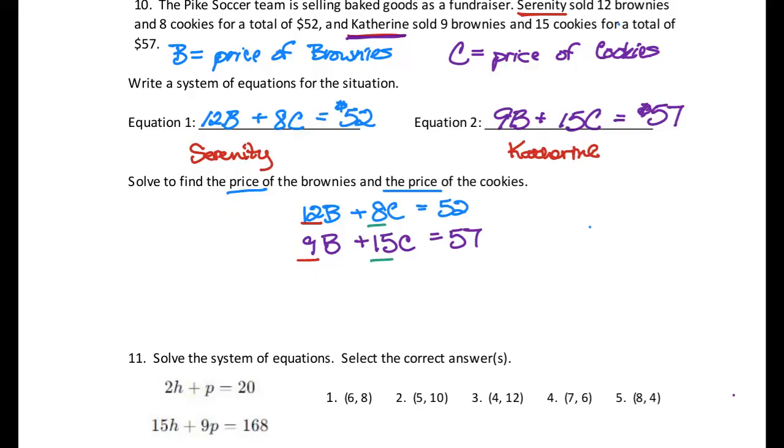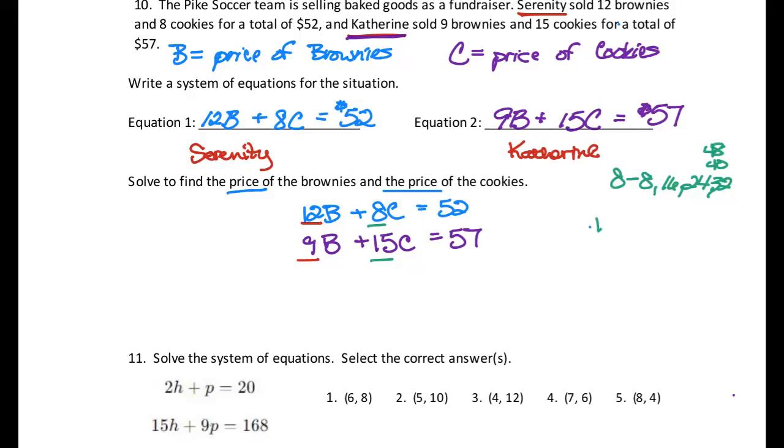You want to do 8 and 15? I don't know what 8 and 15 is. Let's see. 8 would be 8, 16, 24. 8 times 4 is 32, 8 times 5 is 40, 8 times 6 is 48.